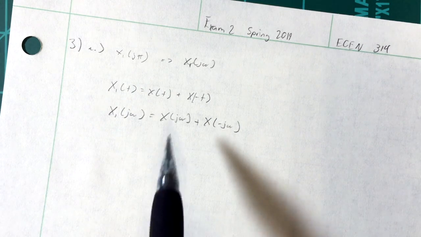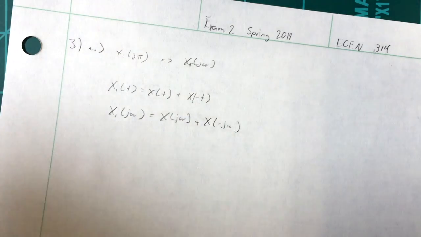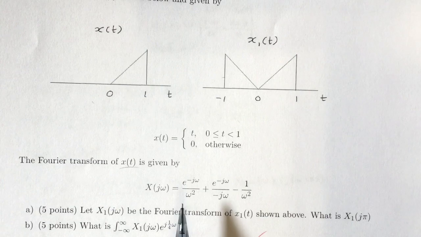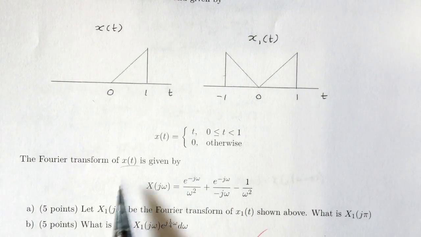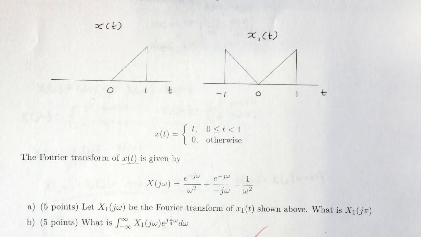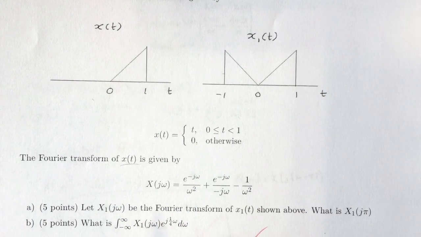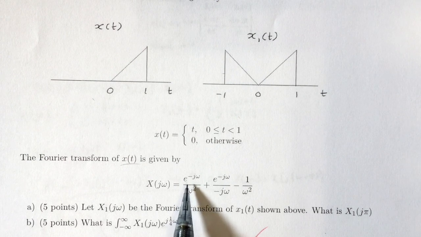And they gave us the Fourier transform for x(t), X(jω), which was given by this expression right here. So basically, we just take this and add it to X(-jω). We replace what we can with a negative.